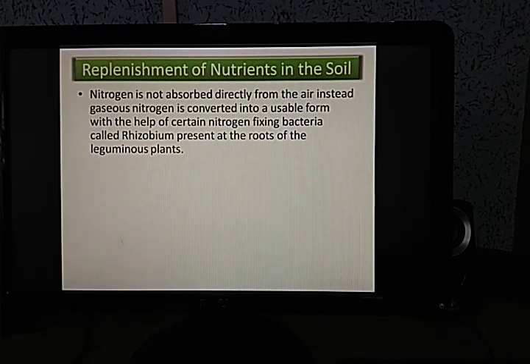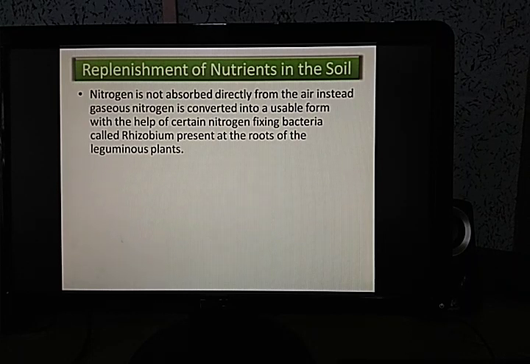So that's why we say pulses have a lot of protein. Or beans, such types of plants are leguminous plants. So we say these plants are rich in protein. Why? Because they have this bacteria at the roots called the rhizobium, which helps in getting this nitrogen.